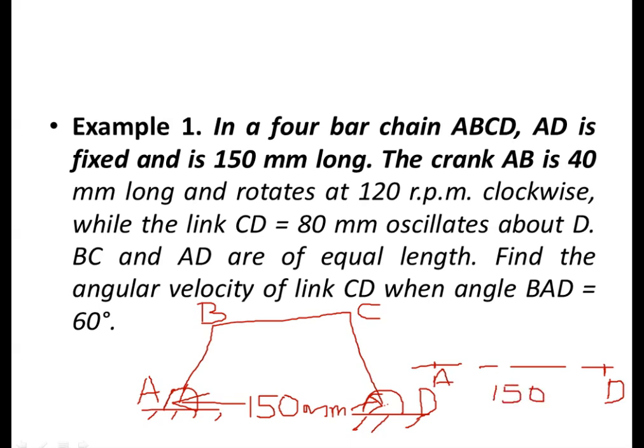So this is given. Okay, next the crank AB is given 40 mm long. So this dimension is given 40. Okay, now can you draw a 40 mm line? But you don't know the angle, right? So angle is required for that. So let us see whether the angle is given further. So the length of AB is given and it rotates at 120 rpm. So what is given?